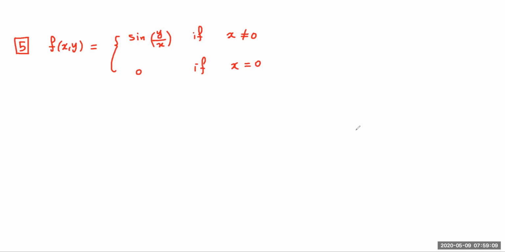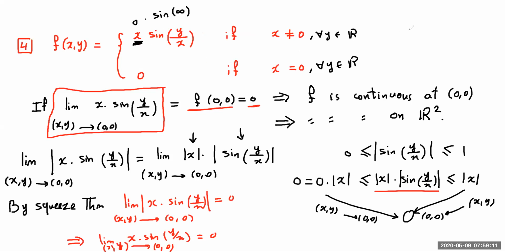I forgot something in the previous exercise. Someone may ask why we are studying at 0, 0, because here only x is 0 and y is any number. Okay, let's suppose y equals any number b. So we can study at 0, b. Let's write in green, at 0, b. Whatever b, what is f(0, b)? It's also 0 from here.